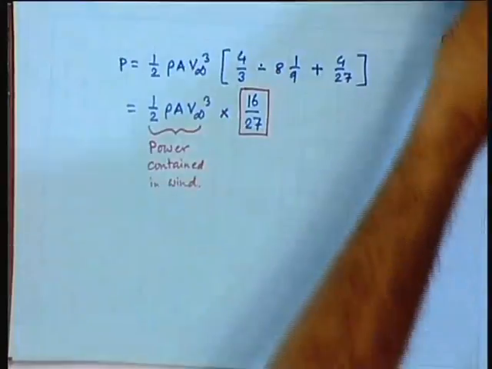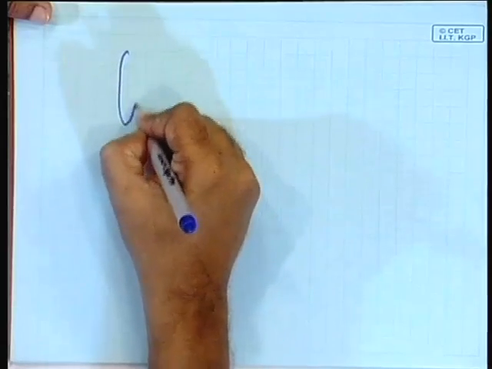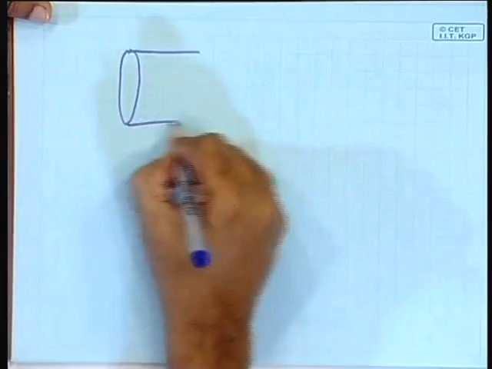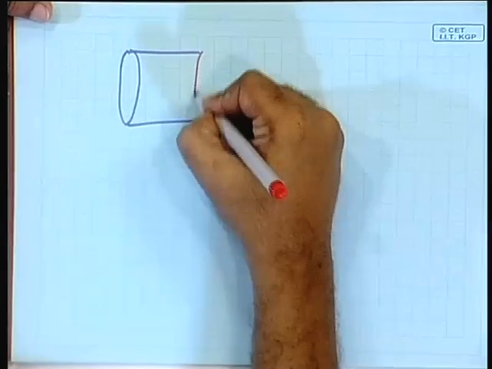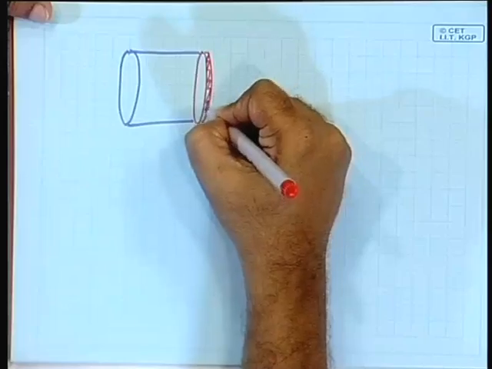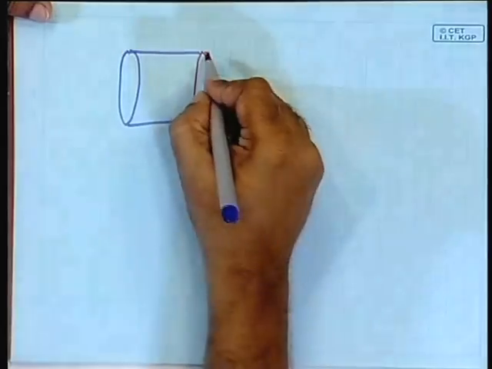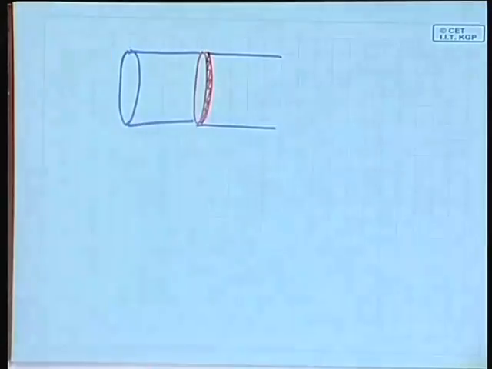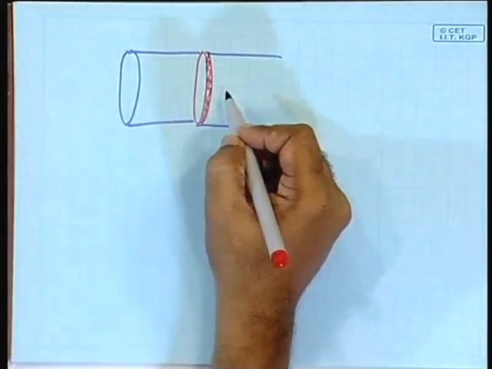Okay. Instead, if you consider something working on the thrust principle, that means where you have the wind coming and here is a disk that actually recedes.